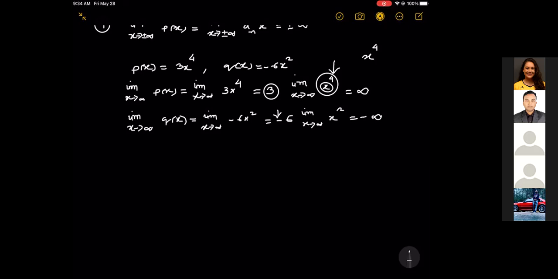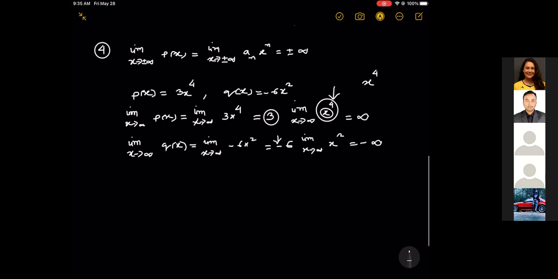So that's why in the statement they have said that the sign of this infinity depends on the degree of the polynomial, which is n, and the sign of the leading coefficient.